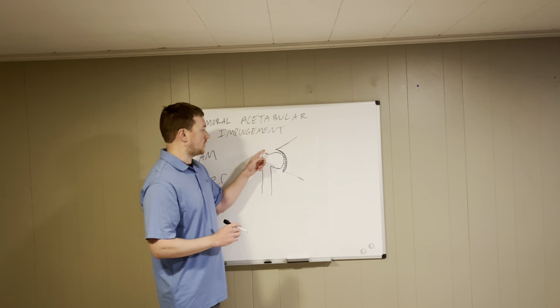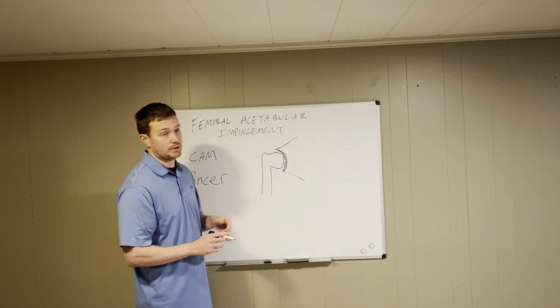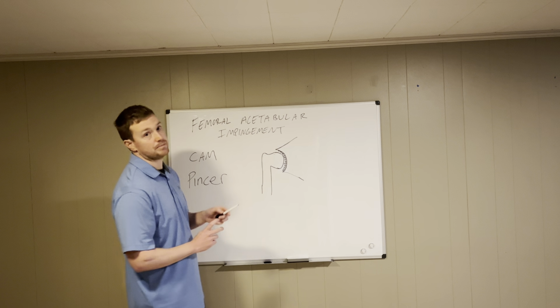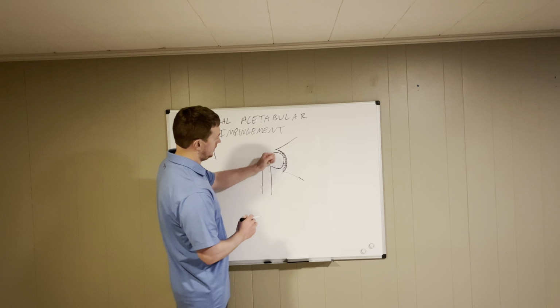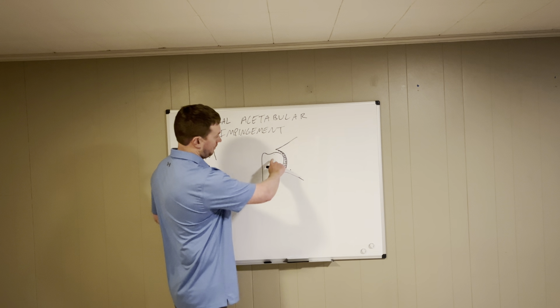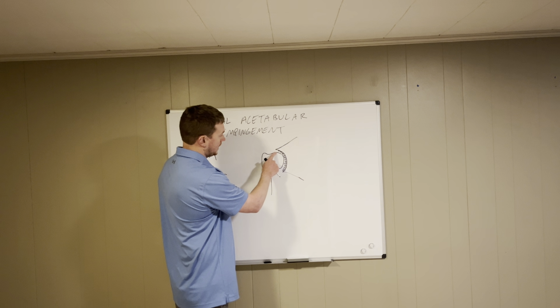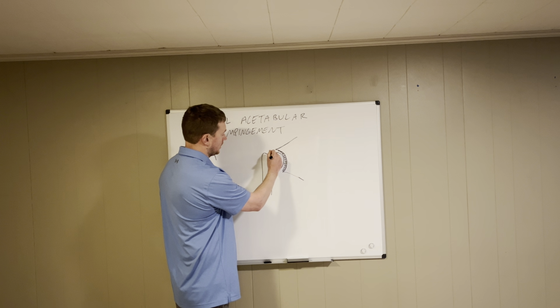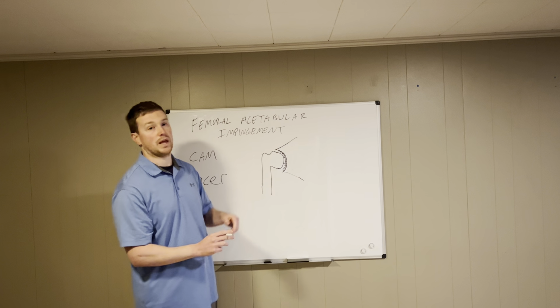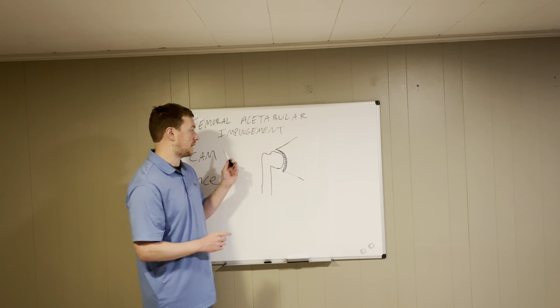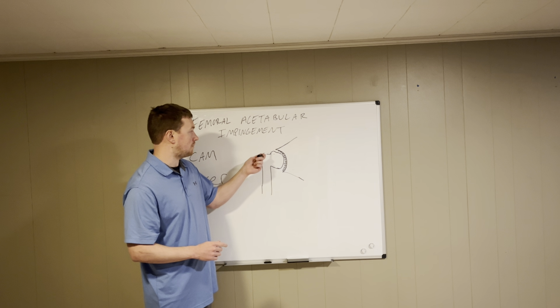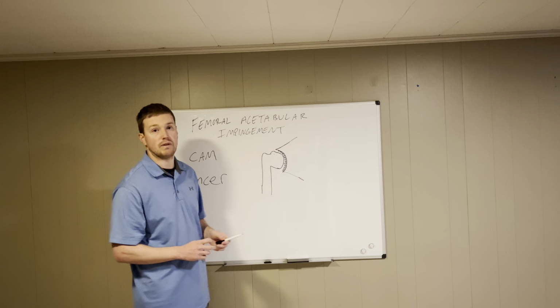So when you talk about the FAI, the first one we'll talk about is a CAM impingement. As the hip flexes and moves up, a CAM impingement happens when there's almost like an overgrowth of bone on top of that. Sometimes it's just the way we were born, sometimes it's from wear and tear over the years. But a CAM impingement is when you have a bump on top of the head of that femur.